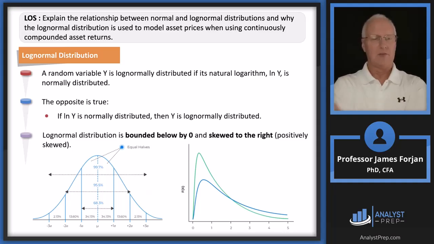Now, in finance and in portfolio management, we try to make assumptions about the distribution of the assets inside of the portfolio. So it makes sense to ask the question, what kind of a distribution do bond returns, do alternative investment returns, do stock returns follow? Well, it's super easy if they follow a normal distribution.